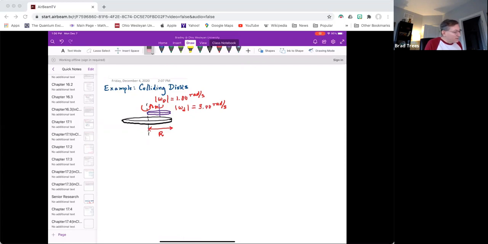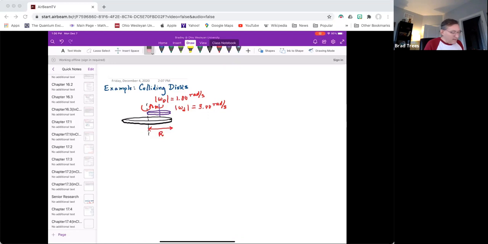Then, suddenly, the second disk is allowed to fall onto the first disk, and the 2 disks undergo a completely inelastic collision. This is a rotational version of the completely inelastic collisions we studied in chapter 9, where 2 objects were moving along linear motion, then collided and stuck together and moved as one thing. Same thing's happening here, except it's with rotation.